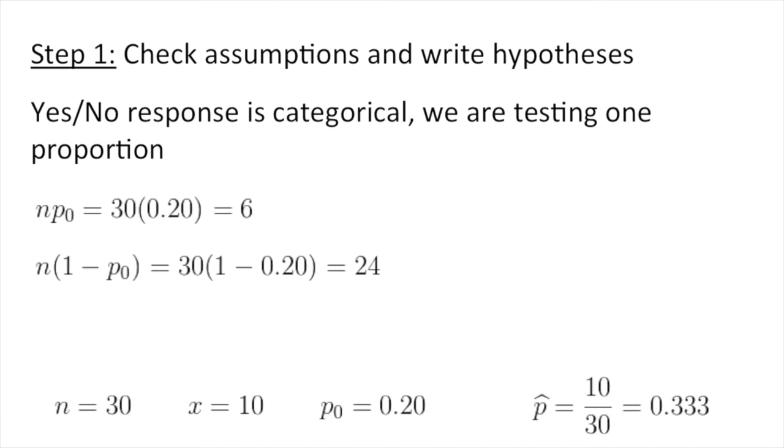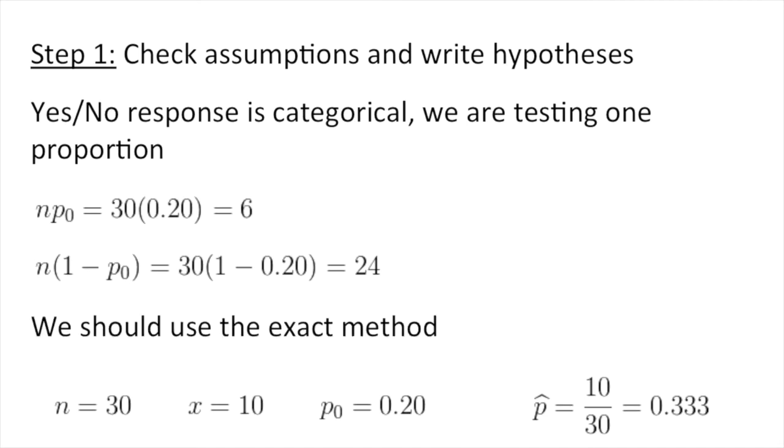N times p sub o equals 30 times 0.20, which equals 6. This is not at least 10, so we cannot use the normal approximation method. We need to use the exact method. The exact method constructs the sampling distribution using a binomial distribution plot.